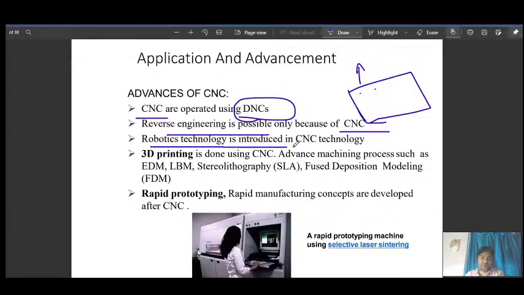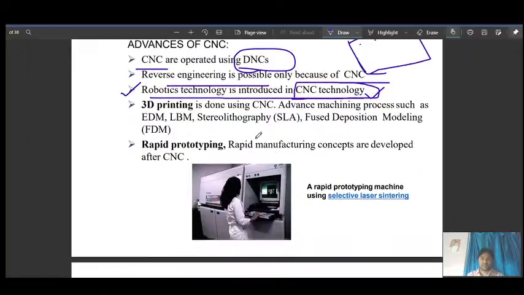Then robotic technology was introduced in CNC technology. As we already have three-axis control, robots can be used with the CNC machine for loading and unloading of the part. Then 3D printing is using CNC.